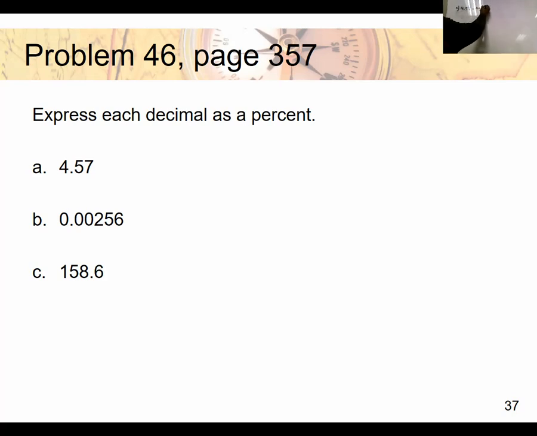So basically, we're just moving the decimal point 2 to the right. Okay. And 0.00256. Let's see. Now here's the decimal point. Go 2 to the right, it'll be in front of the 2 this time. So it would be 0.256. Then we add on the percent sign.